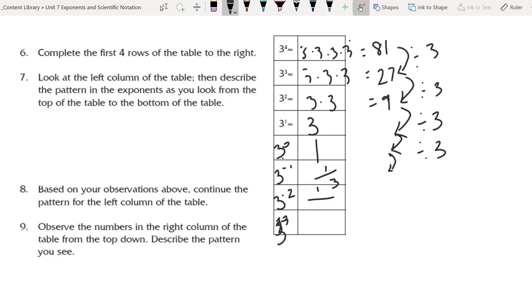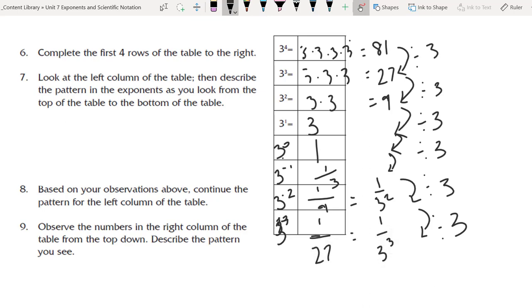Here we could divide by 3 again. 1/3 divided by 3 would be 1/9. We could also write that as 1 over 3 to the second. And then for the last one, divide by 3 again. So that'd be 1/27. And we could write that also as 1 over 3 to the 3rd power.